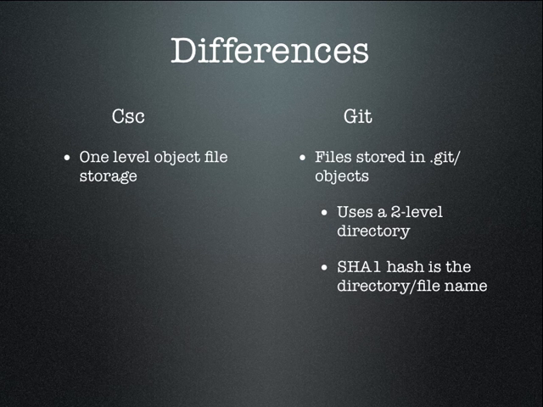Another difference between CSC and Git is that CSC has one level of object file storage. We stored all our files in a single repository directory. And that's okay until you get up to several hundred to 1,000 files. The performance of that kind of file organization gets really slow. So Git does a smart thing.